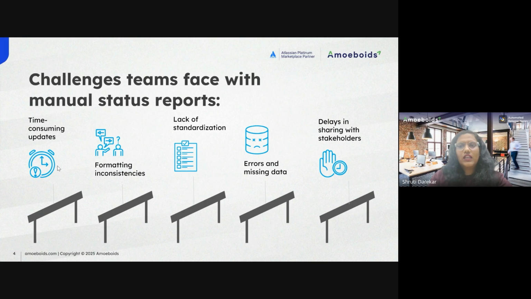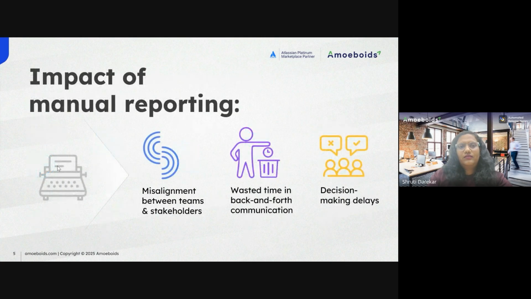So your stakeholders are waiting for you, and you have to invest a lot of time in it. And if you don't have that time, because there are many other things that we usually have to do in our work life, honestly, the stakeholders will keep on waiting for the reports, and the reports are being delayed. So that can create a lot of issues.